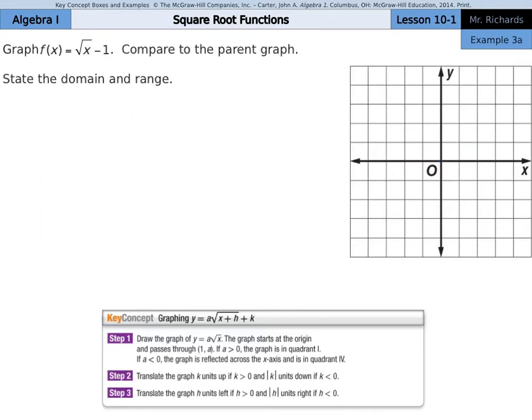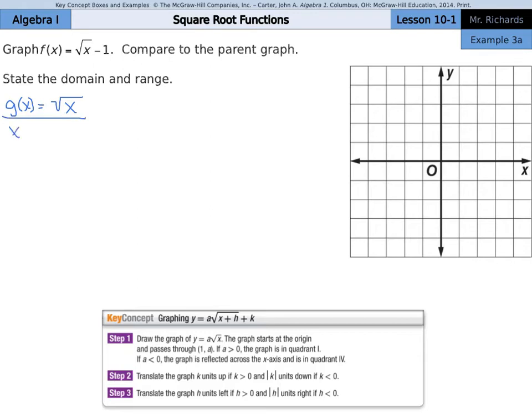In our next example, we have graph f of x equals the square root of x, then minus 1, and compare to the parent graph and state the domain and range. And so for one more time, we'll go ahead and write out our parent graph, g of x equals the square root of x.